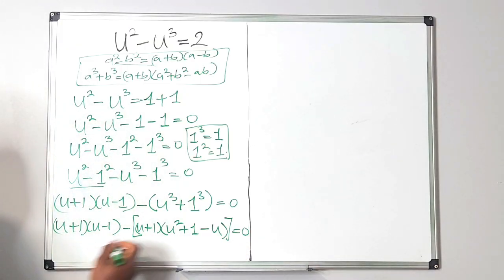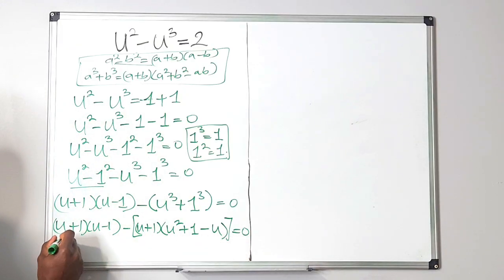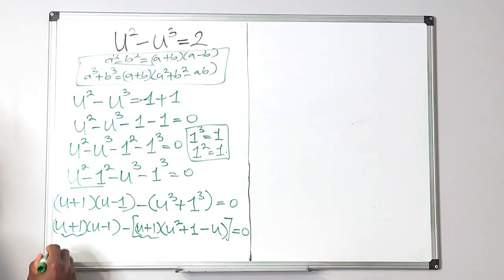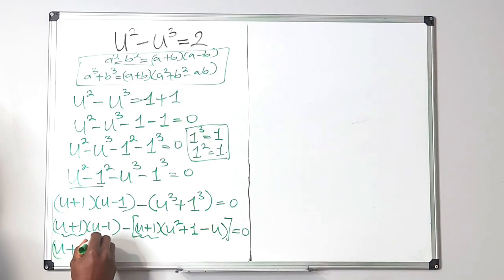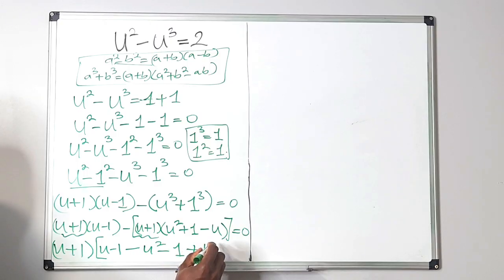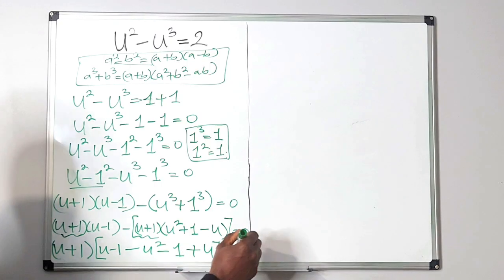Now, we can collect some like terms. We have u plus 1 here and also u plus 1 there. So let's collect the like term. So u plus 1, that's a like term, into u minus 1 minus u squared. Minus times plus will give us minus 1. Minus times minus will give us plus u equals 0.